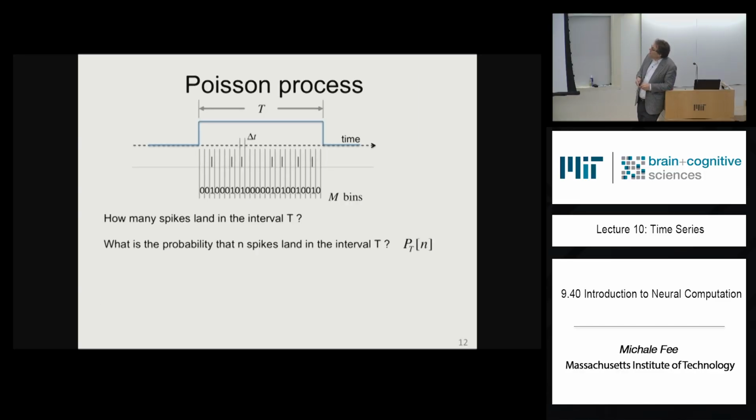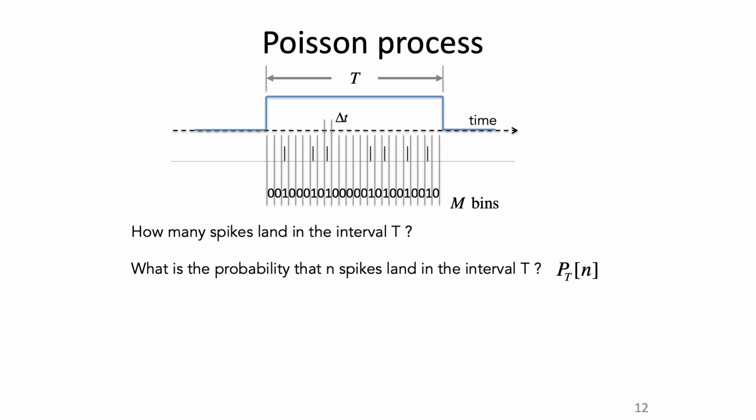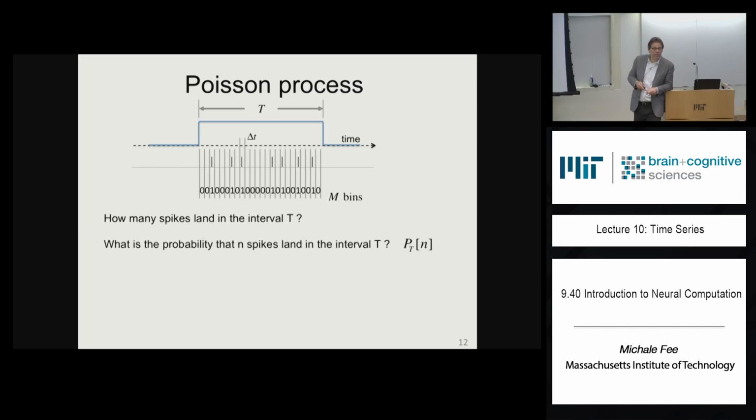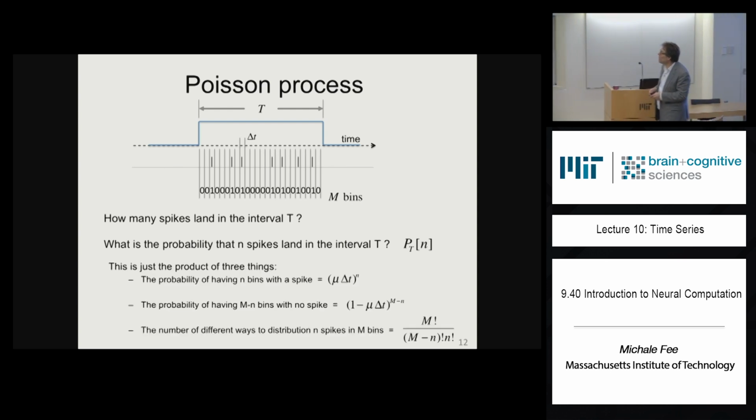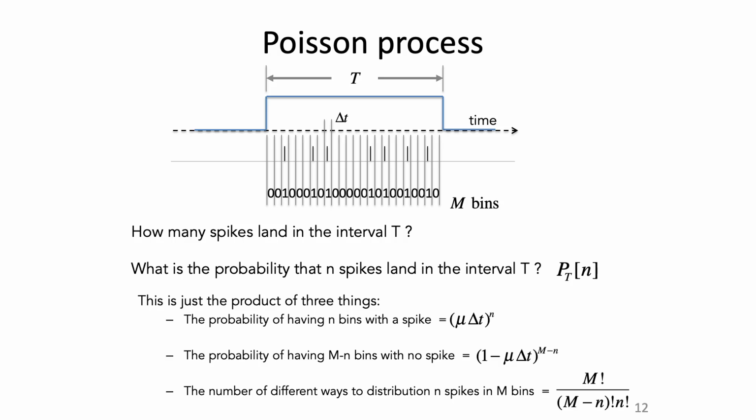And we can ask how many spikes land in this interval t. We're going to call that probability p, the probability that n spikes land in this interval t. And we can calculate that probability as follows. It's just the product of 3 different things.